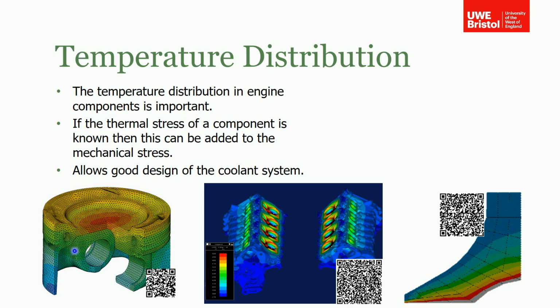It's being accelerated and decelerated as it moves up and down the cylinder. So we need to know the thermal stresses to add to those mechanical stresses to ensure that it's designed well, so it can withstand that and won't fail. And also understanding this allows good design of the coolant system.